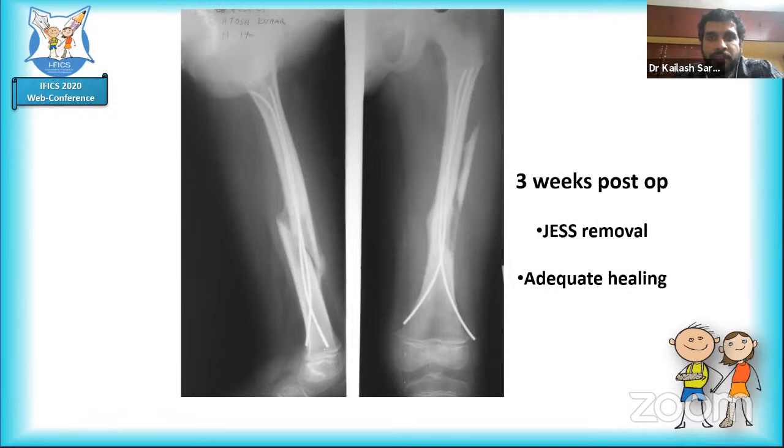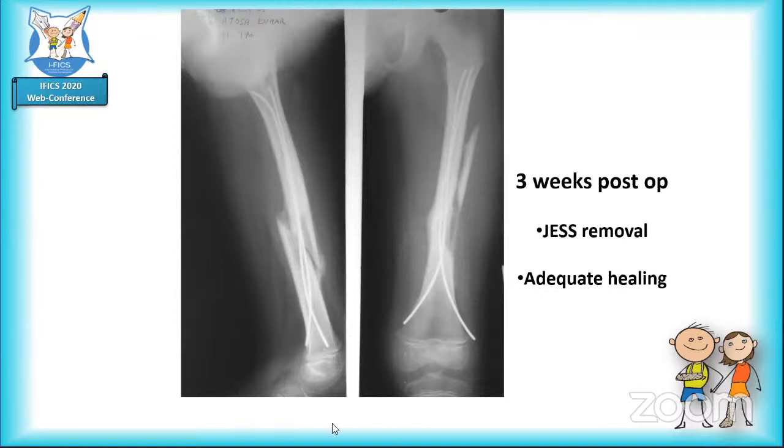And at around 6 months post-op, we planned to remove the nail, and the child healed very well. This was an example of a length unstable fracture treated with a hybrid fixation of TENS nail along with an external fixator apparatus. This has an advantage and a disadvantage. The advantage is that you don't require a big surgery for implant removal.